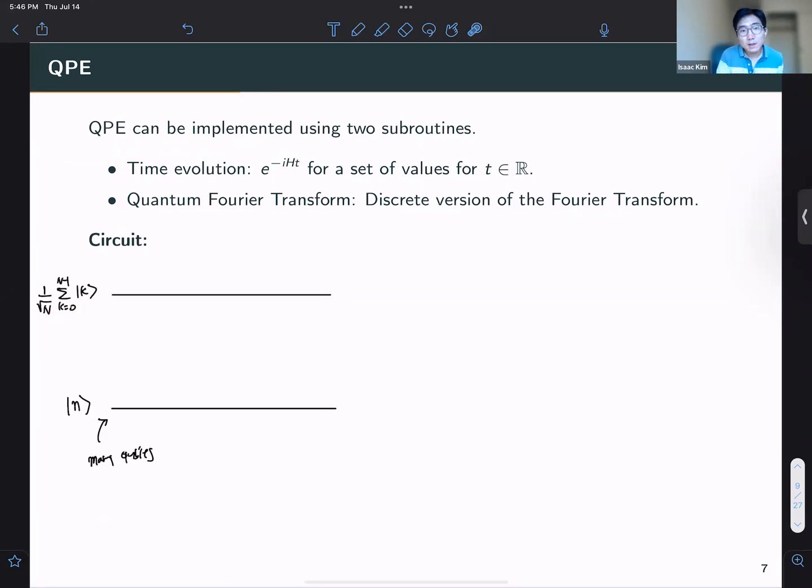Here, big N is just some number that we're going to choose later. So this is our beginning state, and then we're going to apply a particular unitary transformation, something very much related to the time evolution, but slightly different.